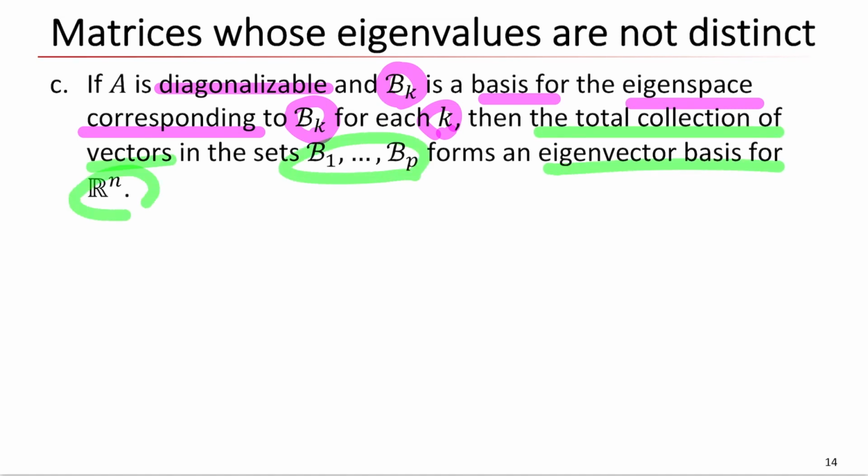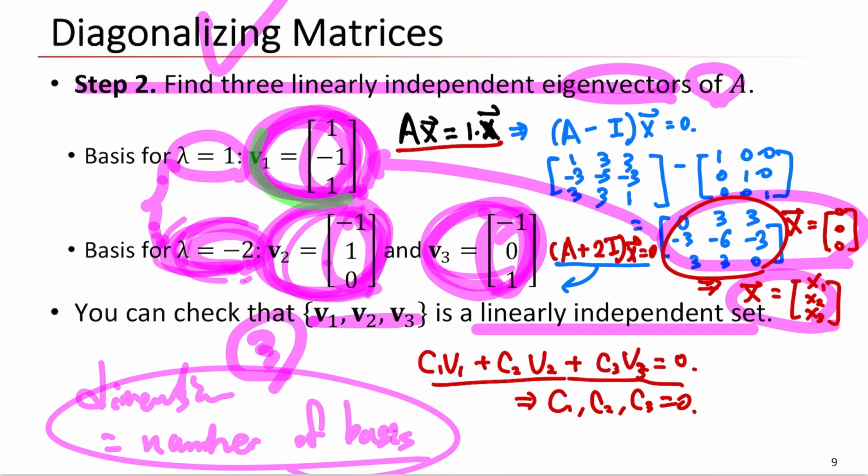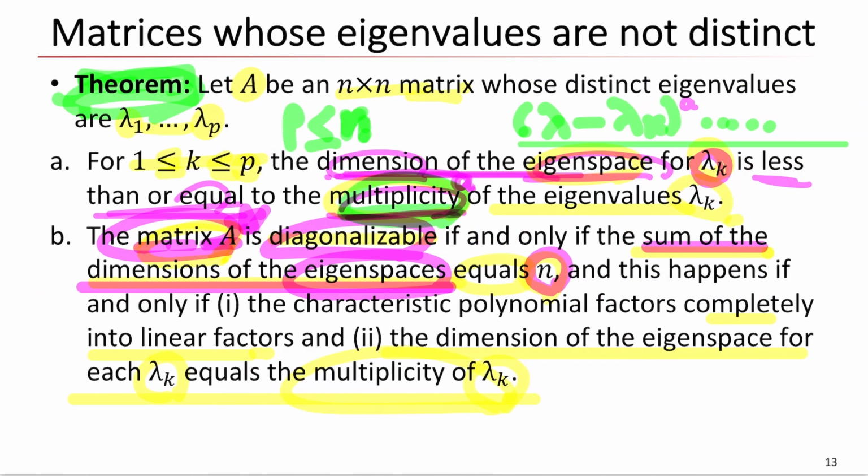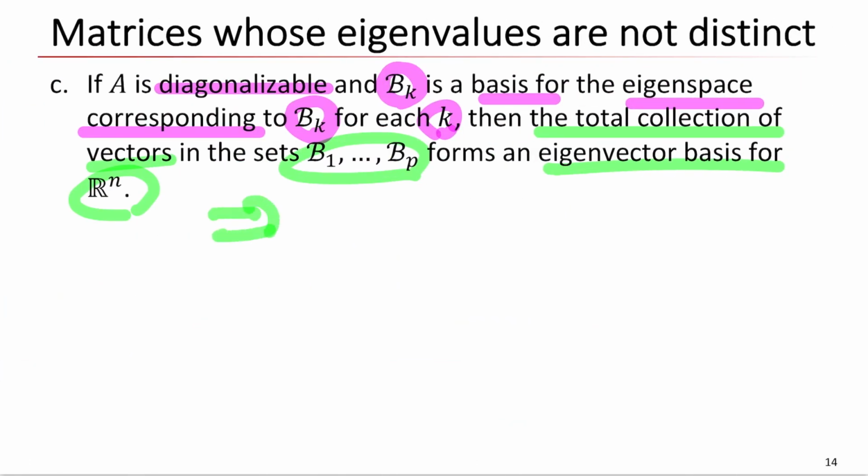So what does it mean? As you can see here, the set of this one and this one is just the eigenvectors of this matrix A, right? So it means that the set of all these vectors can be used to build the matrix P, right?